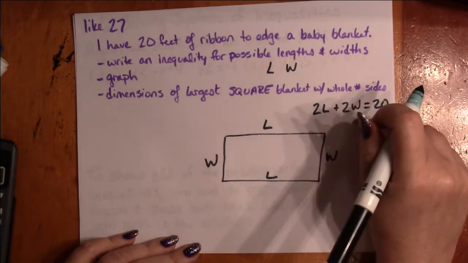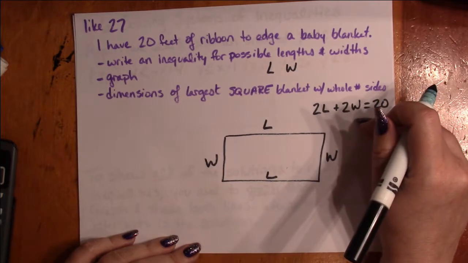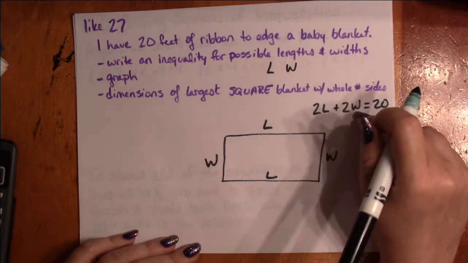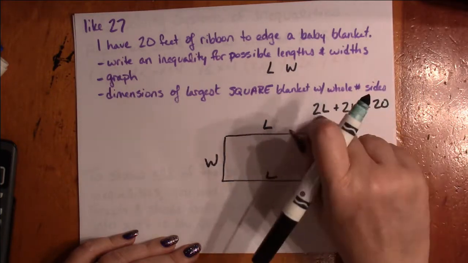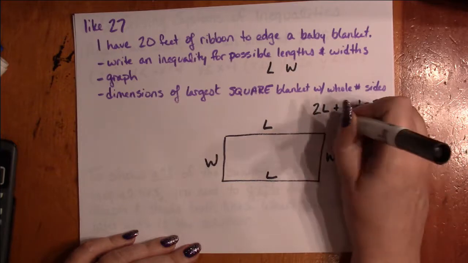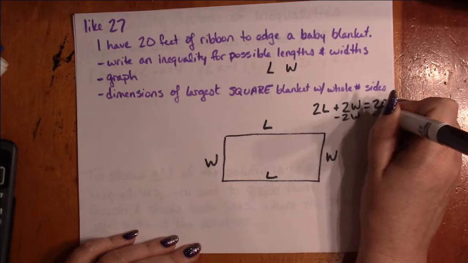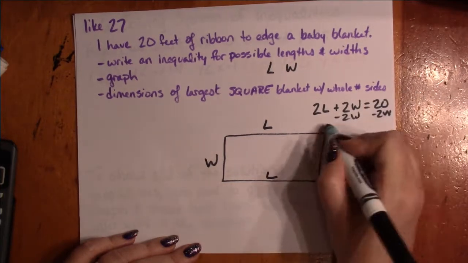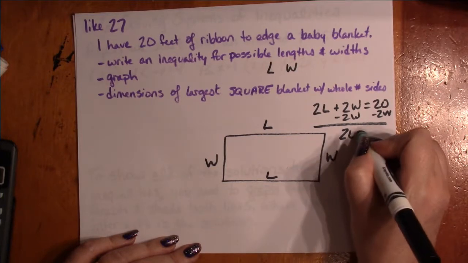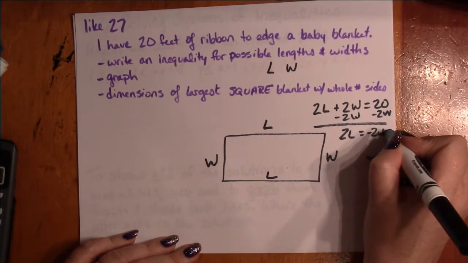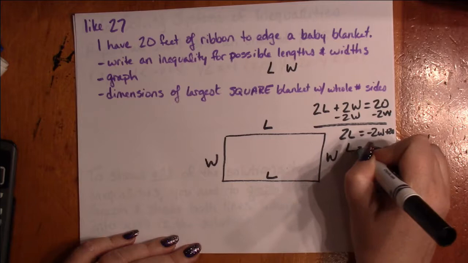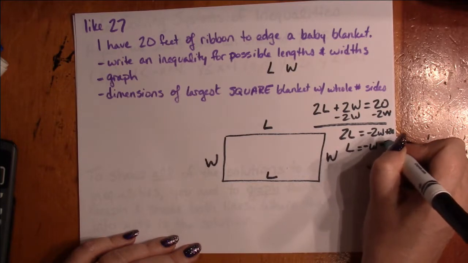So what are some of my L's and W's? What can they be? And just like these were x's and y's, we're going to solve either for L or for W, and we're going to subtract. So 2L equals negative 2W plus 20, so L equals negative W plus 10.